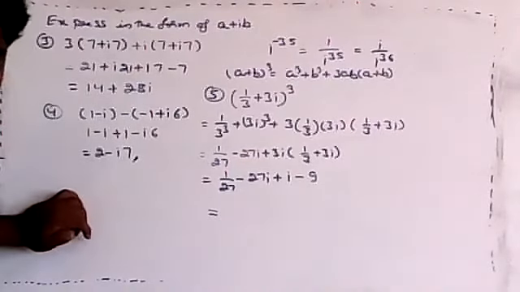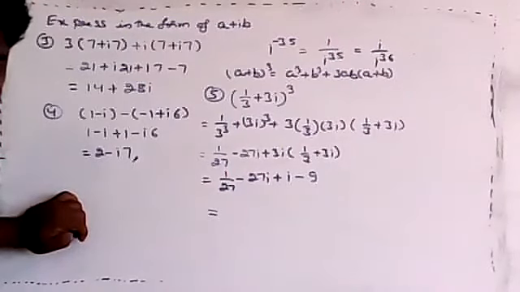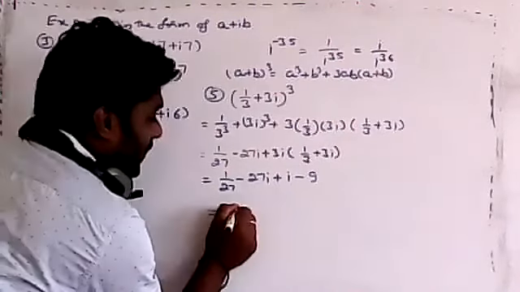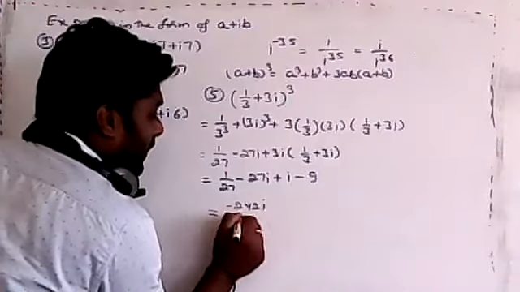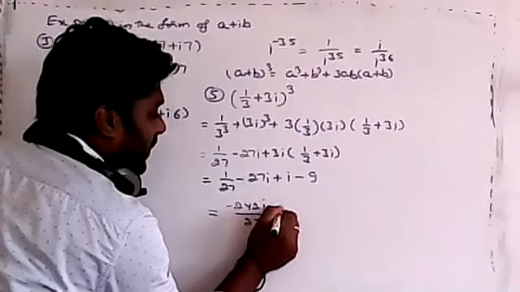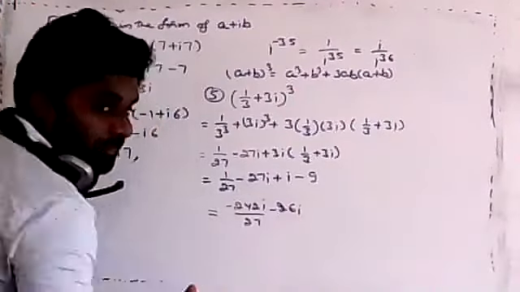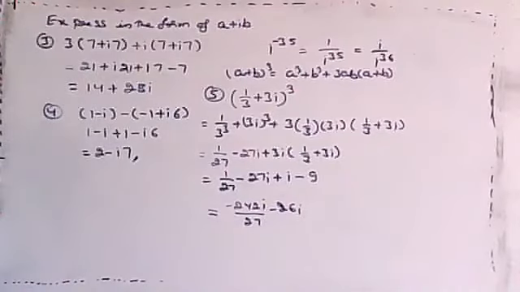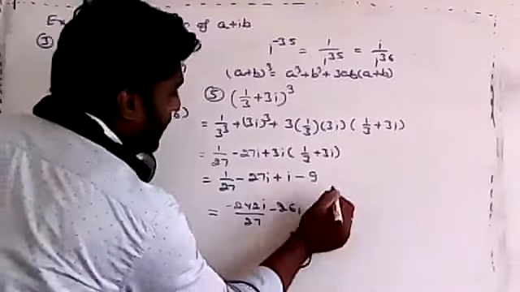What is it? 200 and minus 242i by 27 minus 26i, no? Correct? Yes, okay, right answer. Sorry, I made a mistake here.